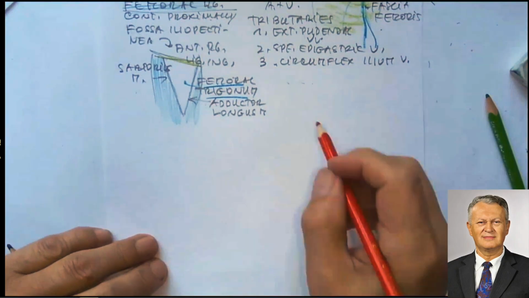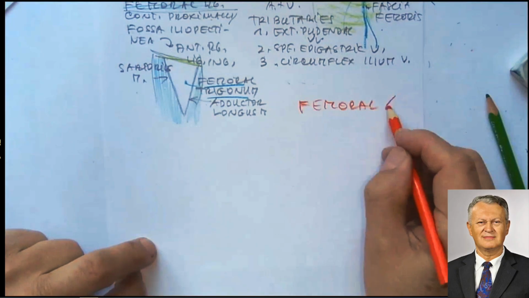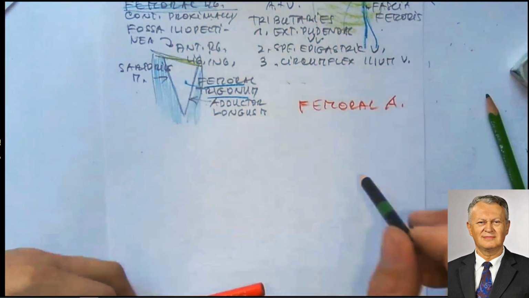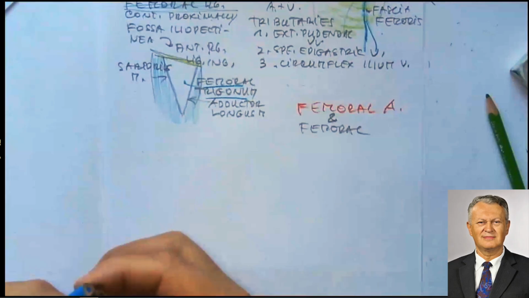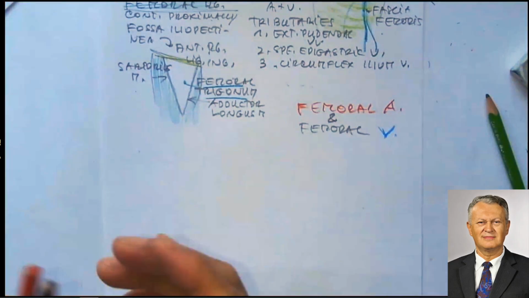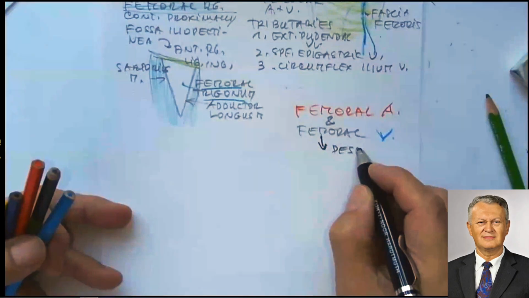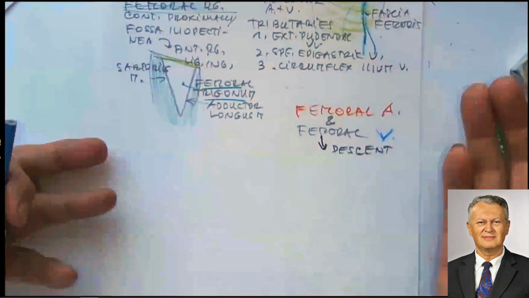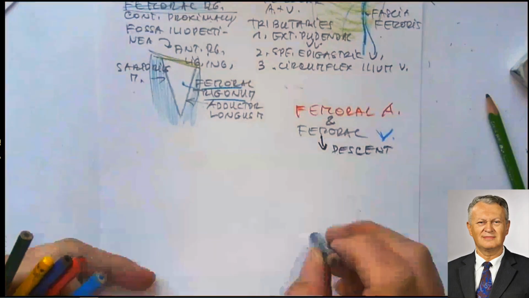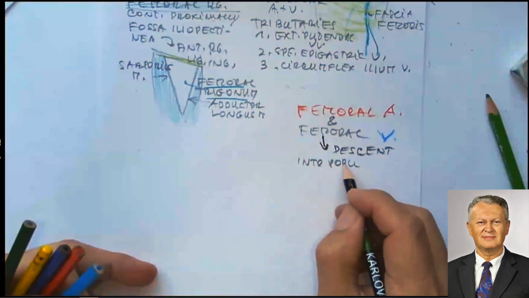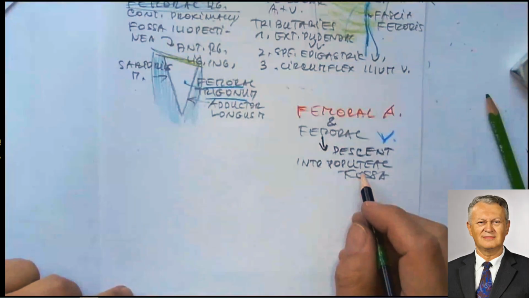So we would say the femoral artery plus the femoral vein, repeating but in blue, the femoral vein, they descend from the anterior position in the femoral region into the popliteal fossa through the canal.